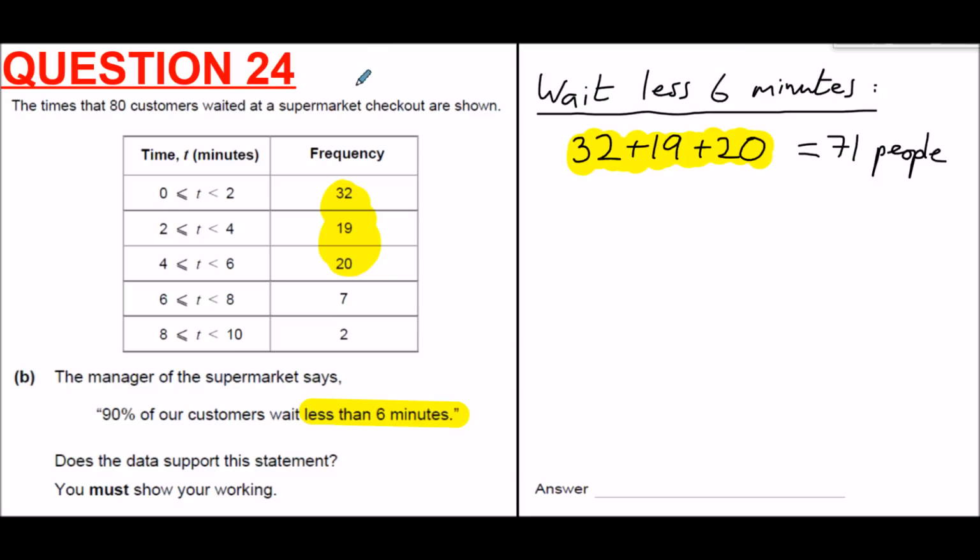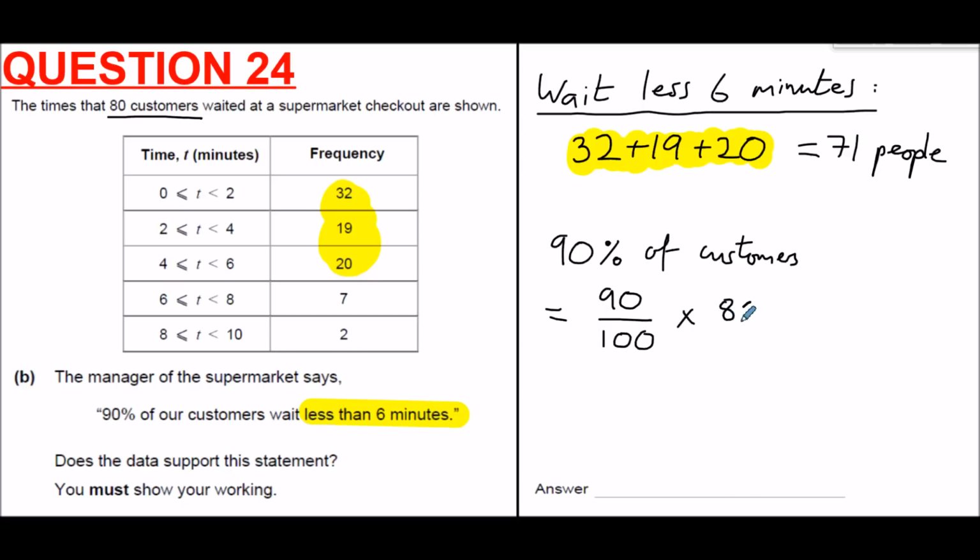Now if there's 80 customers altogether, and the manager's saying that 90% of customers wait less than 6 minutes, 90% of all the customers would be 90 out of 100 of all 80 customers.